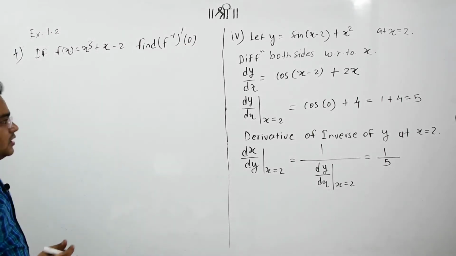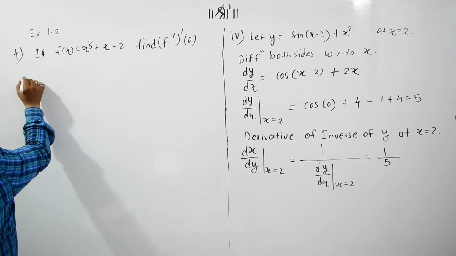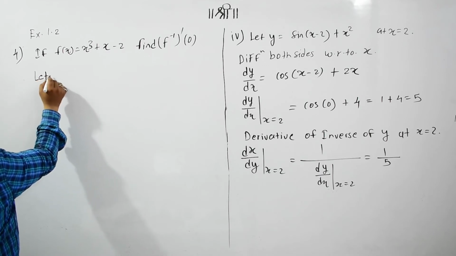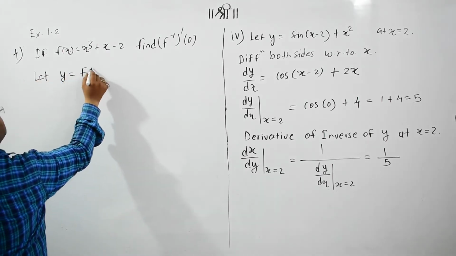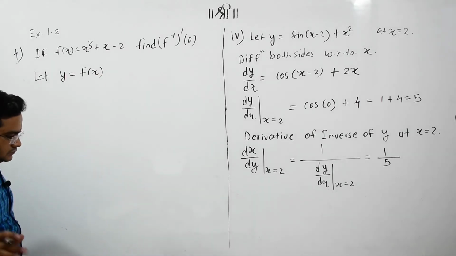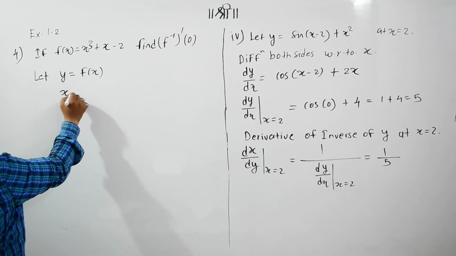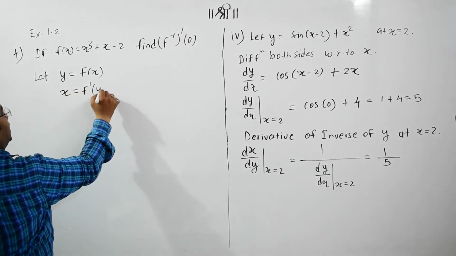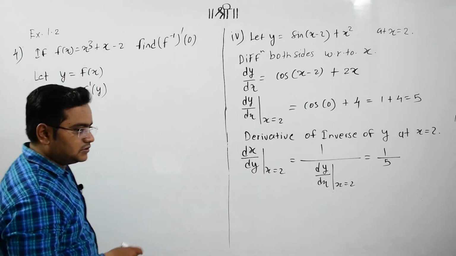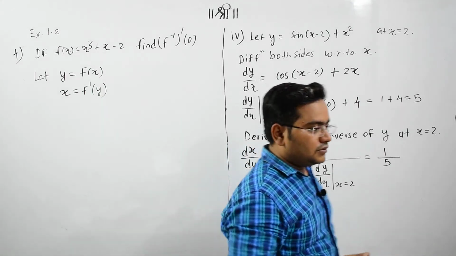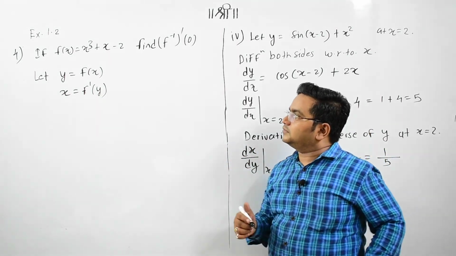Here, let y is equal to f of x, that is for sure. Next, x is equal to f inverse of y, that is also good. Now the most important step comes.